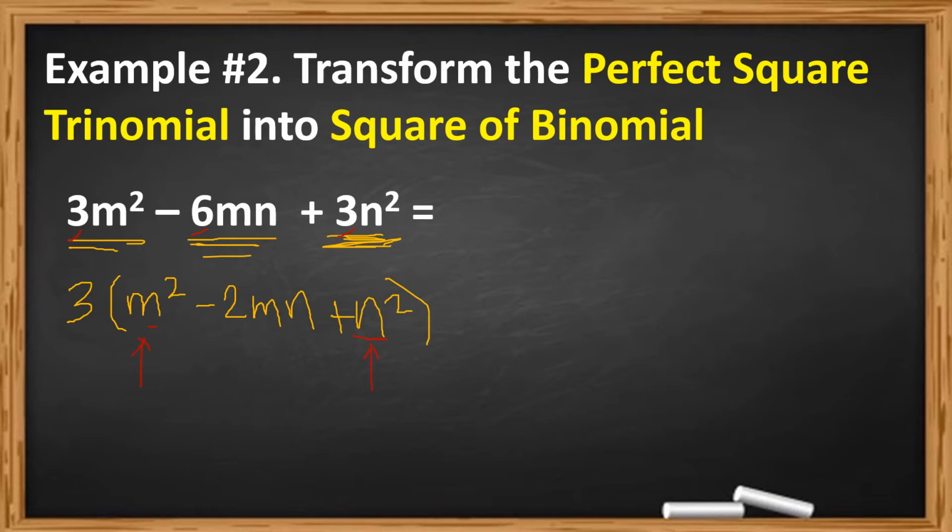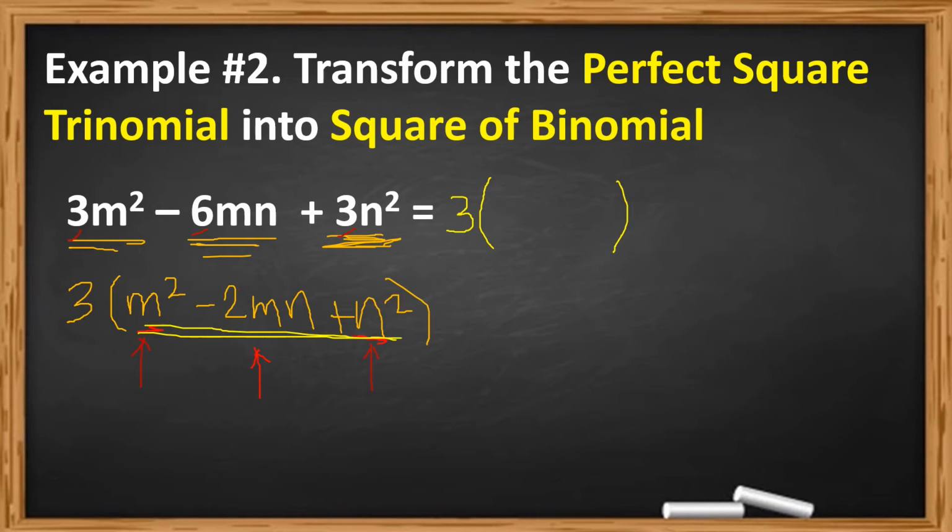And our second term is twice the product of the square root of the first term and the square root of the last term. Yes. So therefore, we satisfy the conditions of a perfect square trinomial, so we can now transform our PST, or perfect square trinomial, into a square of binomial. But first, of course, we have factored out 3, and the only remaining factor to be transformed is m squared minus 2mn plus n squared.